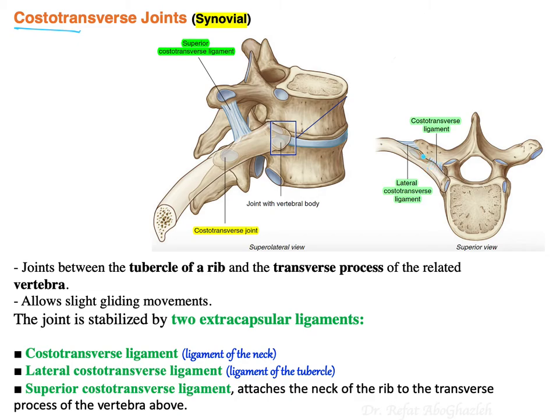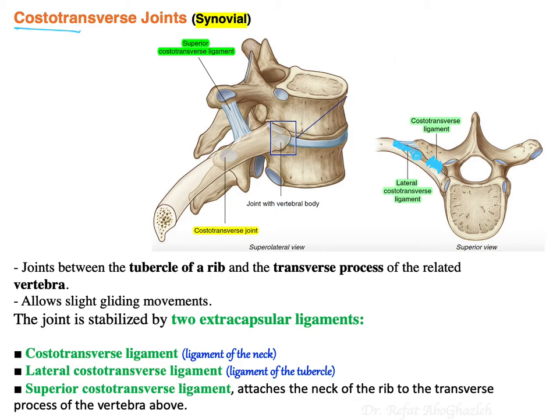First of all, what's the name of this joint? It's the costotransverse joint. That means the first one, between the neck and the transverse process, has the same name, the costotransverse ligament.